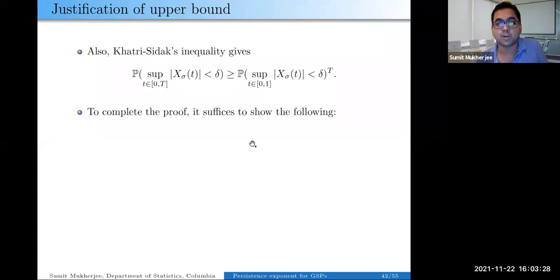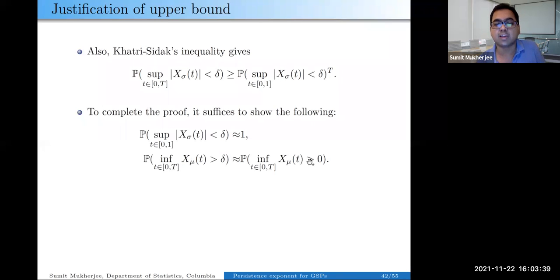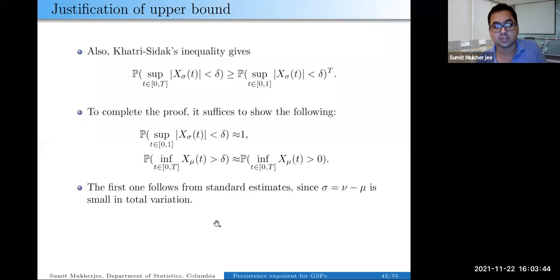Therefore, one needs to show two things. I need to show that this term doesn't affect the exponent. Basically, I need to show that this term is very close to 1. And also I can do a change of level; this one we already know. The first one follows because this measure sigma is small in total variation. So you have a process on a compact interval, and the variance of the process is uniformly small.